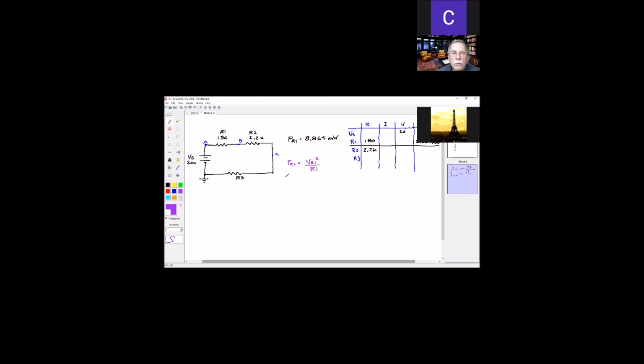If we rearrange that, V sub R1 is the square root of P sub R1 times R1. We cross multiply the R so we get the product, and this is squared, so we take the square root of both sides.